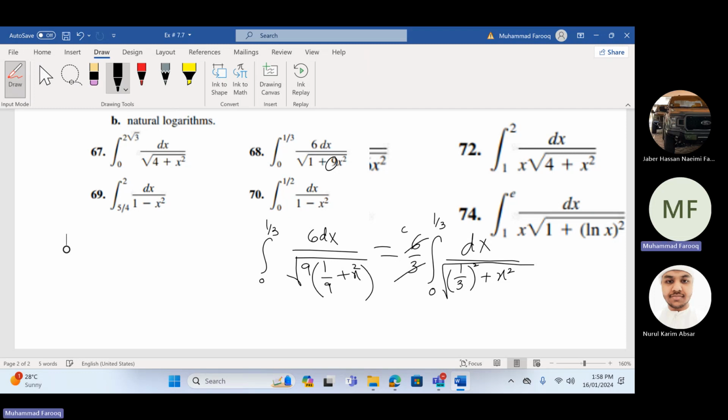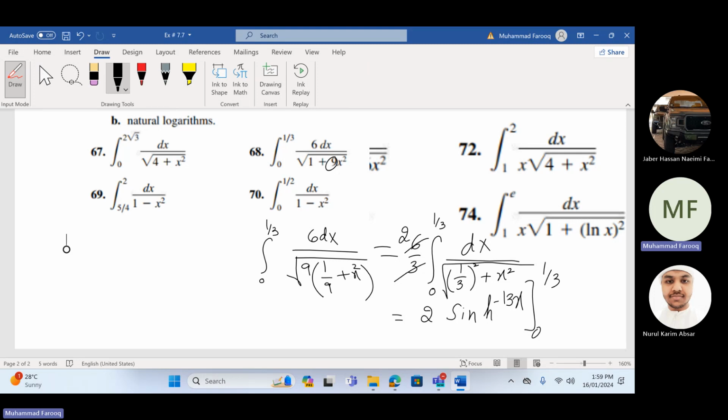So this gives you 2, and here you can use the formula. This is 2 times sinh inverse of x over a. Here a is 1/3, so it flips and becomes 3. The limits are 0 to 1/3. Put the upper limit and the lower limit in the answer.